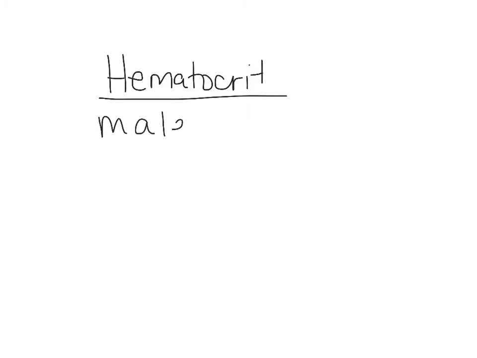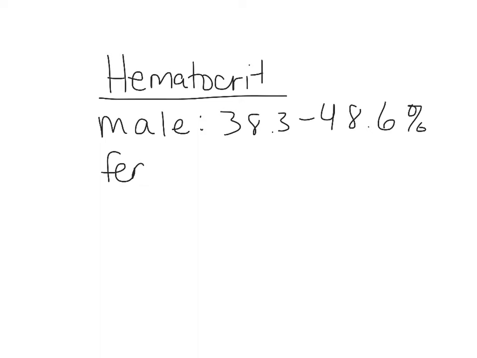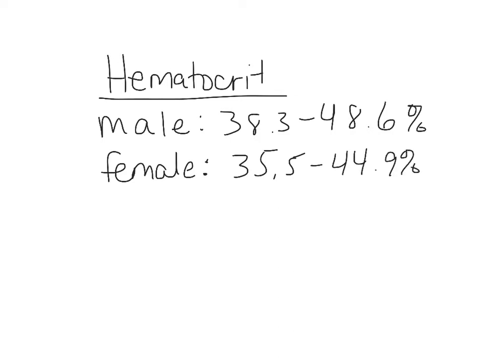So in a male, the hematocrit, or percentage of red blood cells, is 38.3 to 48.6%. Okay. And in the female, the hematocrit percentage will be 35.5 to 44.9%. Right? Again, you want to memorize those.